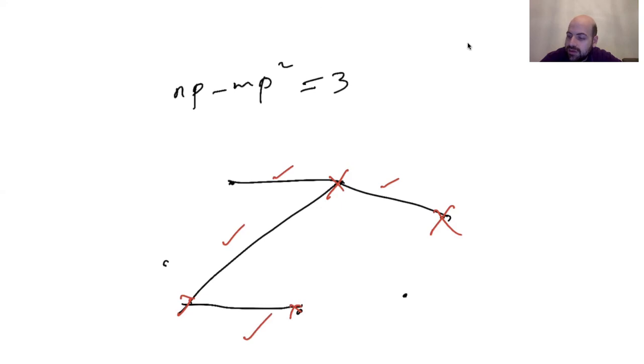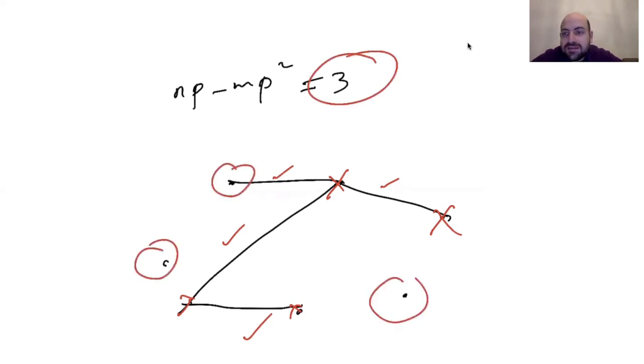Then once I delete 4 vertices, one vertex from each edge, I'll get a set with 3 vertices, which is this one and this one and this one, and this new set contains absolutely no edge in it, because I've already ruined all the edges I had before by deleting one vertex of each of them.